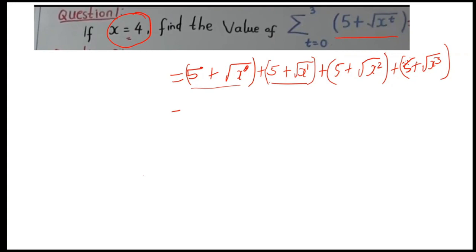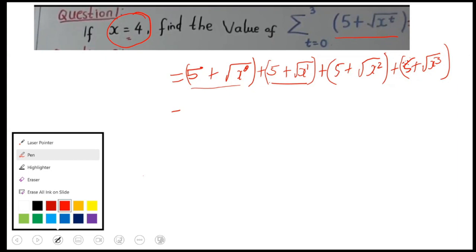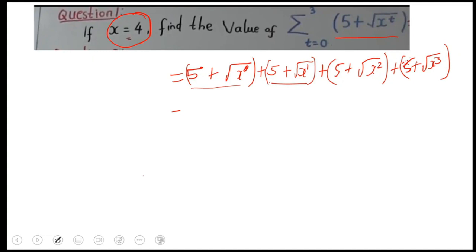So now we are told what your x value is equal to. Your x value is equal to 4. So you're going to have 5 plus wherever there is your x to the power 0, we know is equal to 1. Without even wasting time, any base to the power 0 is equal to 1. So this is just equal to 1.